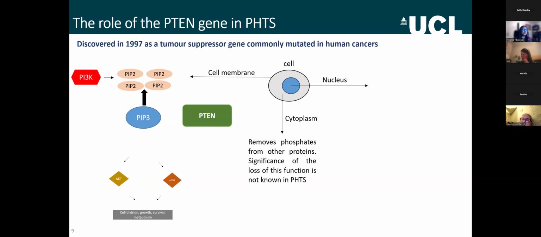Now, there is significance of this function in somatic cancers, but we still haven't established a link between this function and PHTS. So far, I have only found one PHTS patient with a variant which affects this particular function. So there is very little evidence that this role is important for causing the symptoms of PHTS.